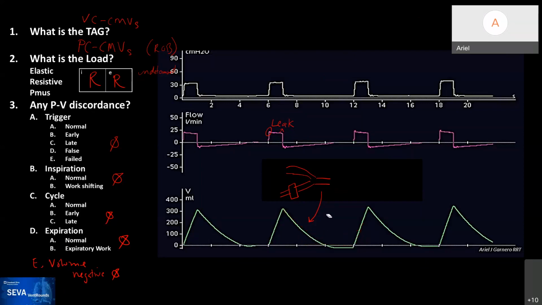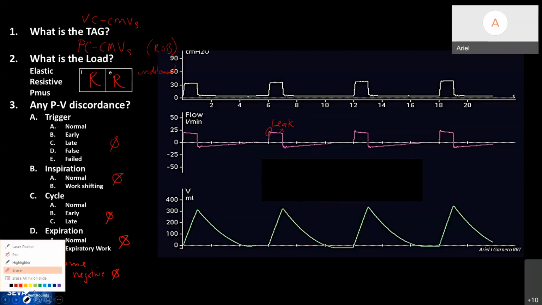So my way to explain why the flow doesn't decay is because the machine keeps on providing flow to try to reach the constant pressure. That's the reason. And because the leak is before the Y, the sensor of the G5 senses the flow going inside the vent, but it's not sensing the flow coming out before the vent.